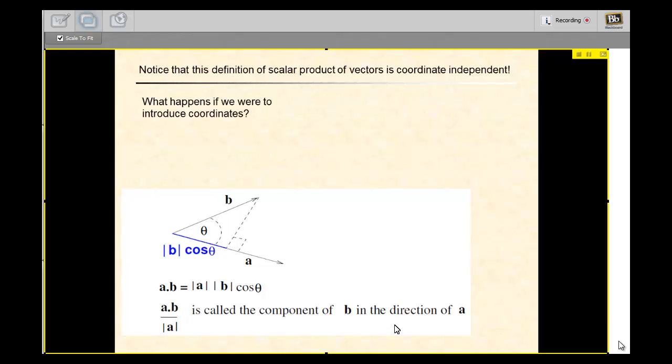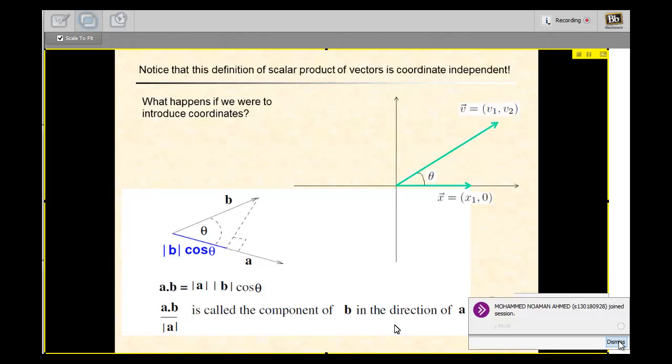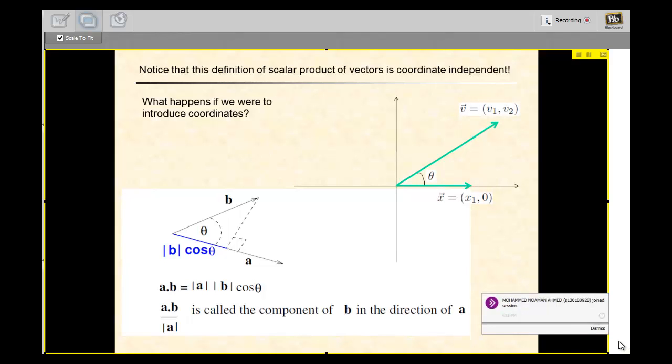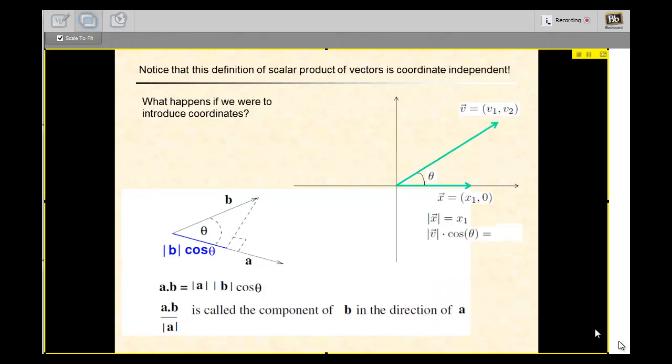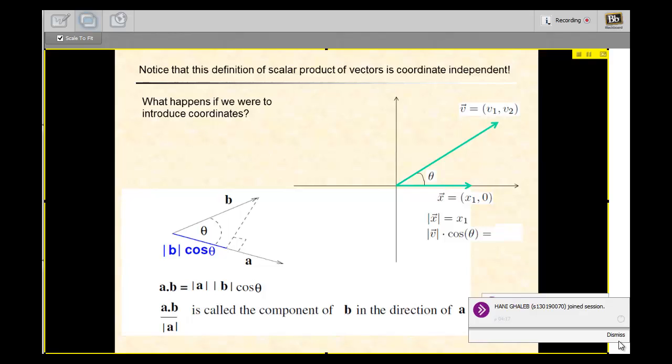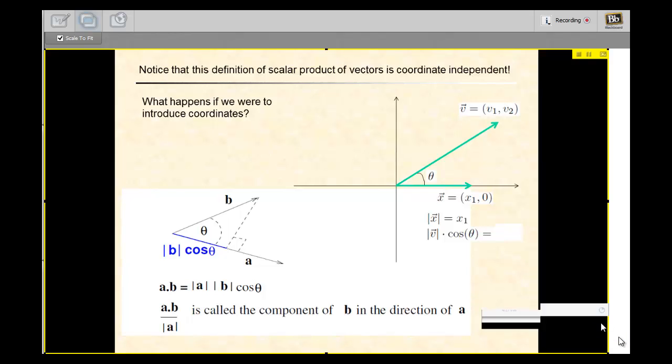Notice that this definition of a scalar product of vectors is coordinate independent. So what happens if we introduce coordinates? For example, if we have v1, v2, and x equal to (x1, 0), then mod x is equal to x1, and this is a 90-degree angle.